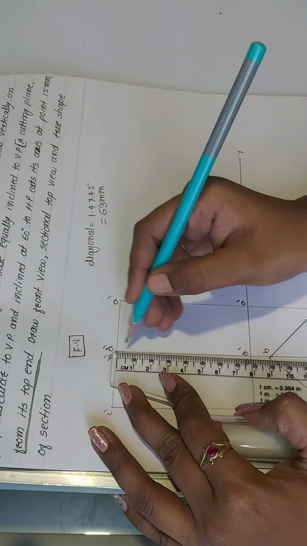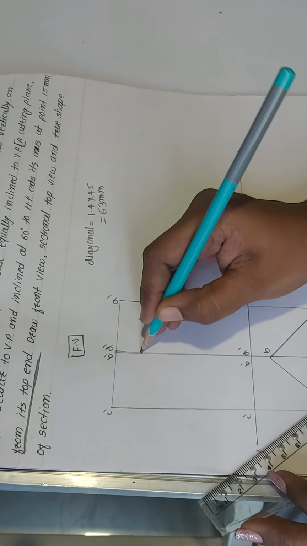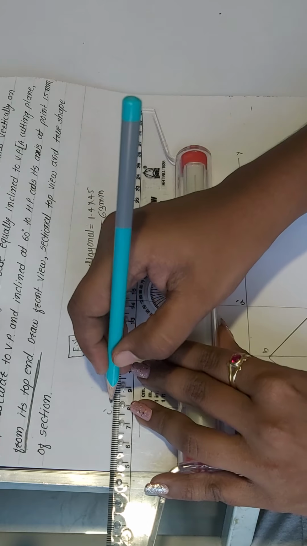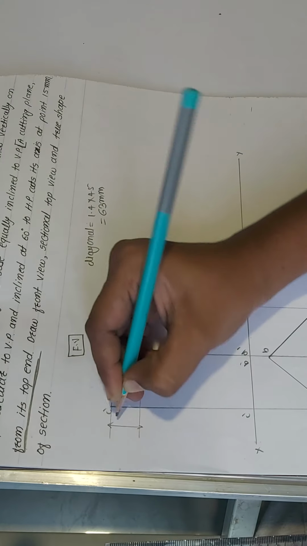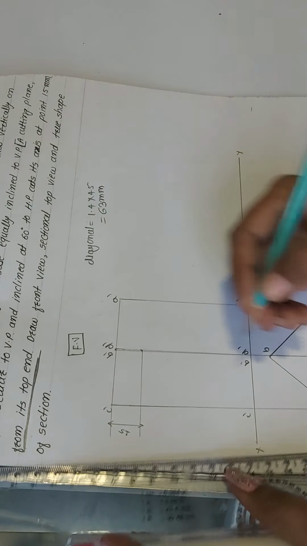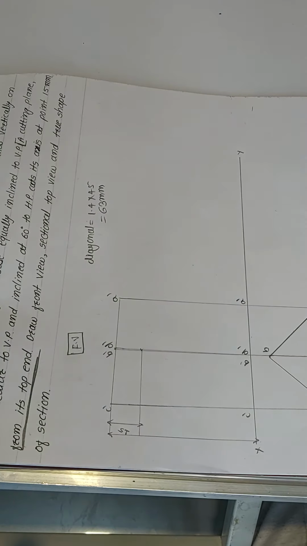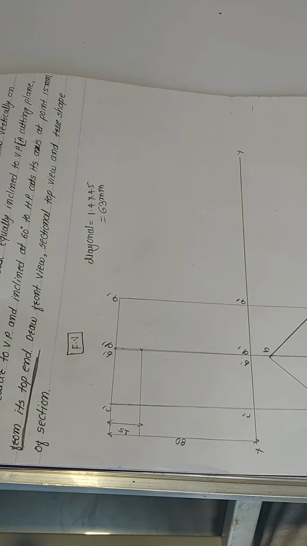So first I am taking 15 distance on the center line, on the axis. So here is my 15 distance. I show that distance which is given in your statement. So this is 15 and here I show the height of the prism, which is 80.